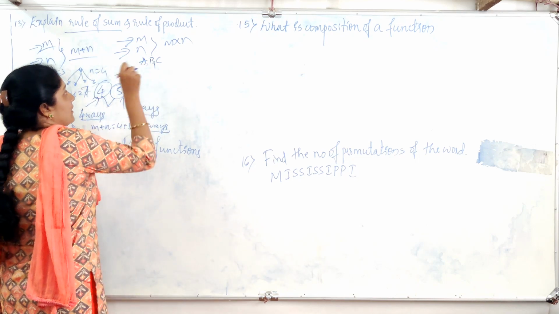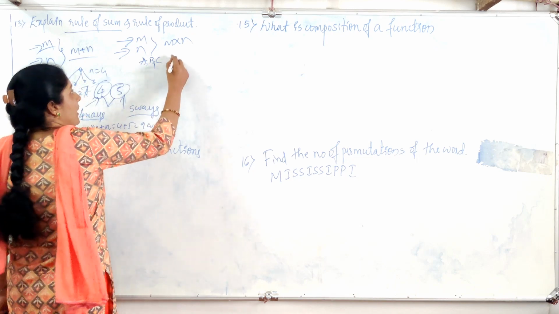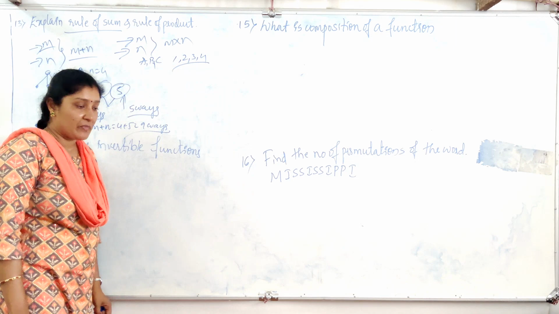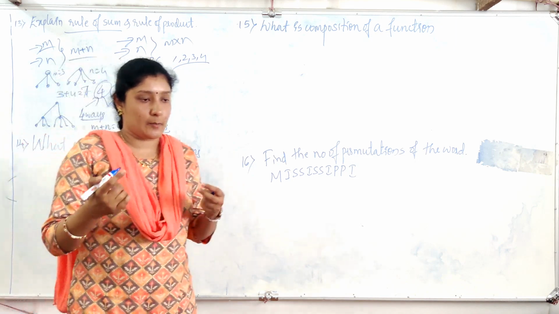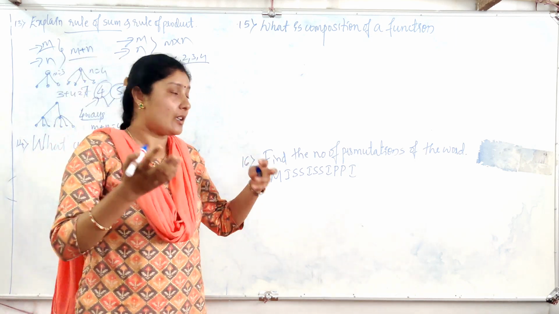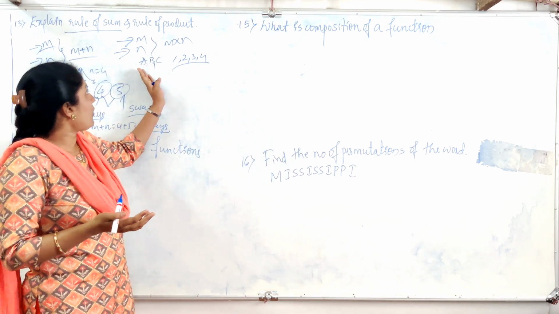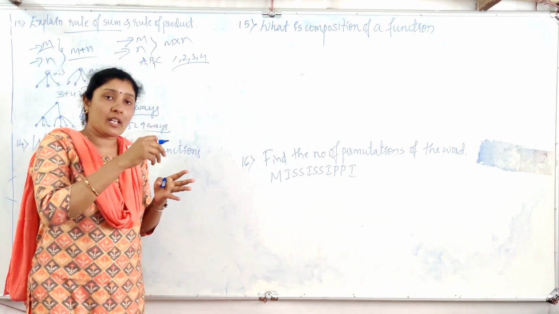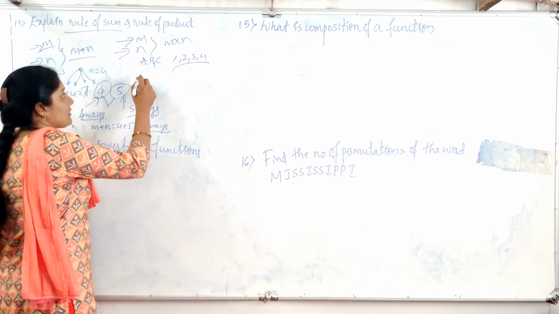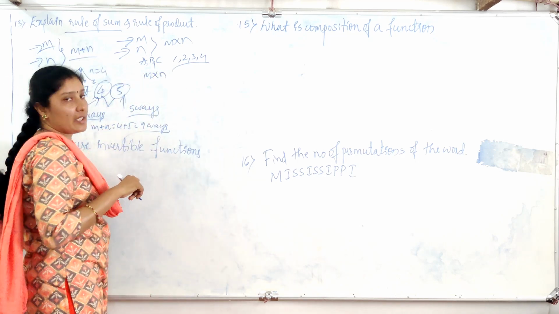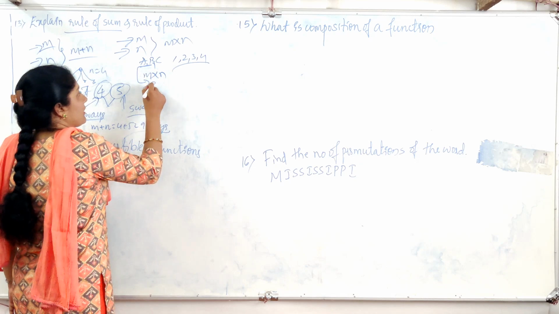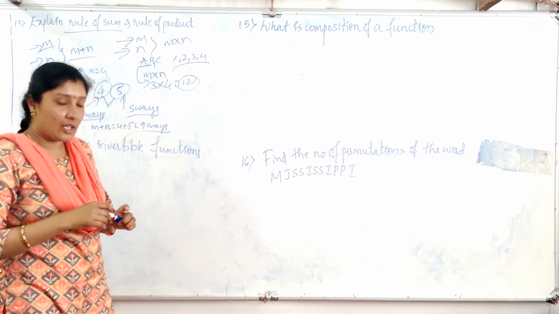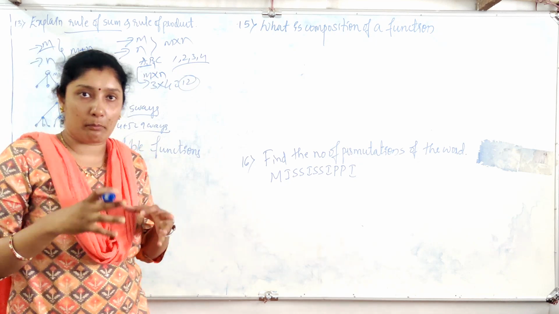If there are 3 male candidates A, B, C and 4 female candidates 1, 2, 3, 4, auditioning for a drama, out of these 7 members they have to make one pair. So how many pairs are possible? That is in terms of m into n. So male 3, female 4, totally 12. So there are 12 ways of getting the pair.